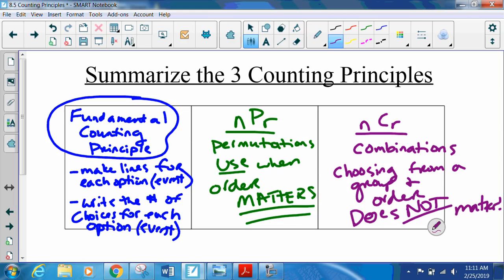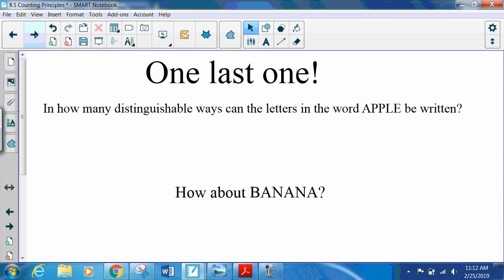Once again, we're going to use a marker board and have some fun with practicing when to use which one. But before we do that, there's one more thing we need to learn, and that is what happens when somebody asks us, in how many distinguishable ways can the letters in the word apple be written?